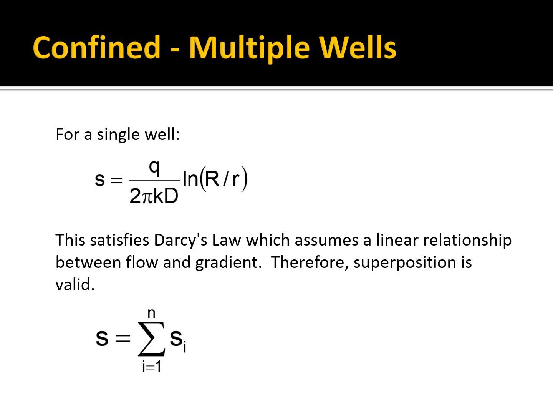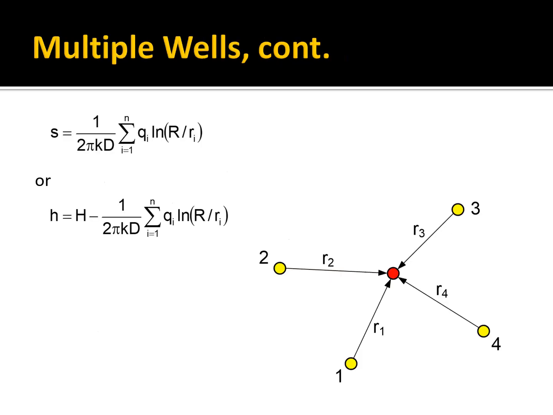Therefore, we can apply superposition, which means if you have multiple wells, you can calculate the drawdown from all of the wells by combining the drawdown computed for each individual well.